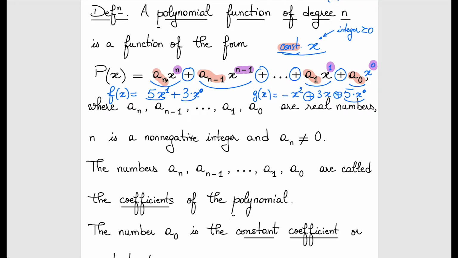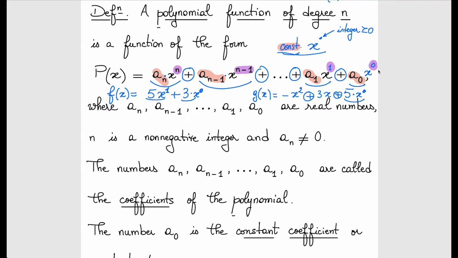Okay? All right. So these numbers, the highlighted ones in orange, are called coefficients of the polynomial. These are the multiplicative constants, right? So a sub n is the constant that you are multiplying x to the n with. So that is called the coefficient of the x to the n term. This is called the coefficient of the x to the n minus 1 term, and so on. a sub 1 is called the coefficient of the x term, and a sub 0 is called the coefficient of x to the power 0.